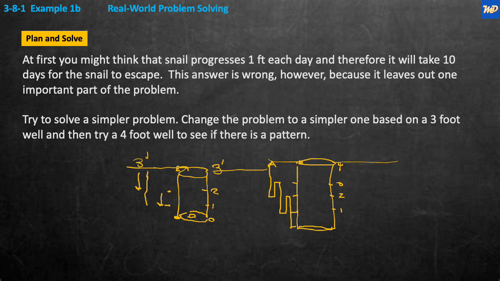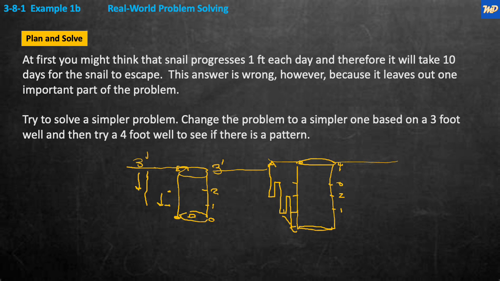So he went up 1 full day, 2 full days, and only a half day. Let's say it this way. Up 2 feet and then down a foot. That's the full first day. The full second day is up to 3 feet and down to 2.